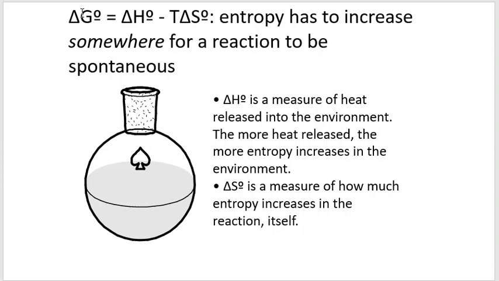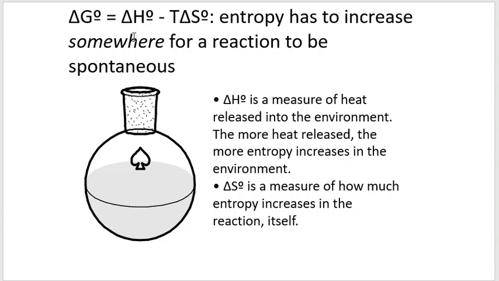So in order for you to have a favorable delta G, in other words, less than zero, one way for that to happen is to have a negative delta H, in other words, for the reaction to be exothermic. In that case, when your reaction is exothermic, your entropy is actually increasing in the environment because heat is being released that heats things up. They move around a lot more, and so you're increasing entropy.